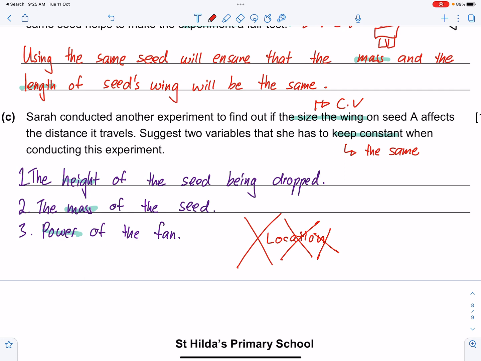But if I put the experimental setup on the table and under the table, is it still in the lab? Is it at the same location? Yes, but the results will differ because the one that is under the table will not get any light from the ceiling lights. So please do not put location. There are so many other better answers. Okay, that's what I'm saying.